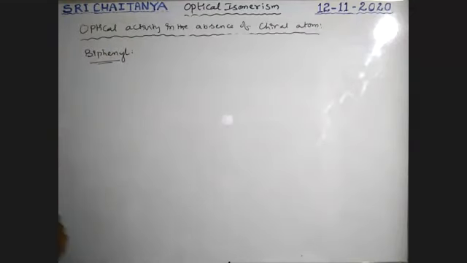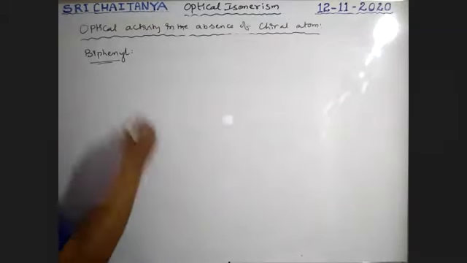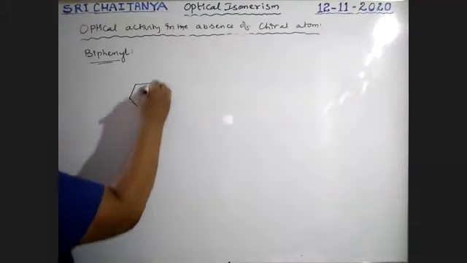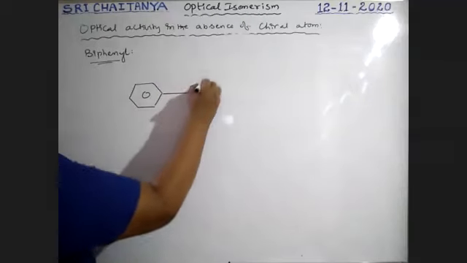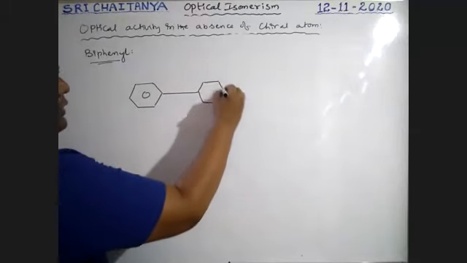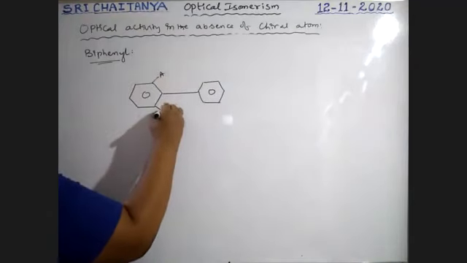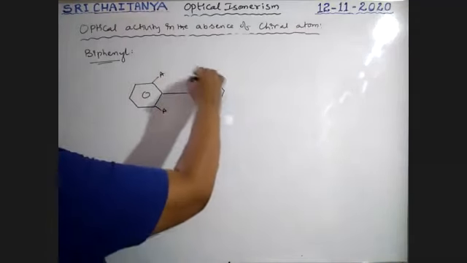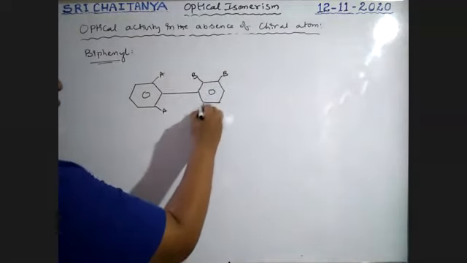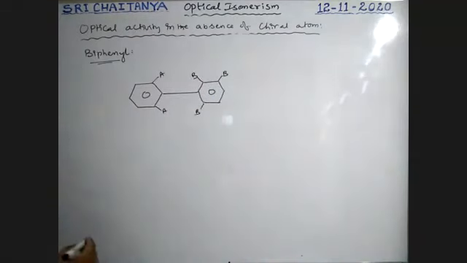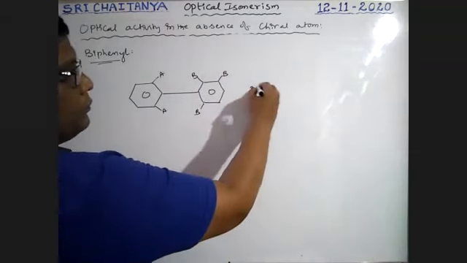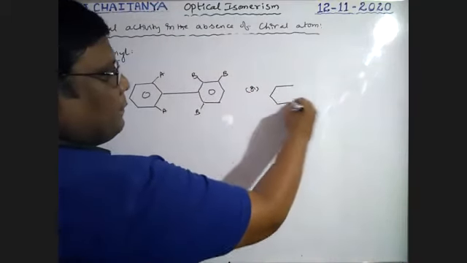Biphenyls. What are these biphenyls? In which case do these biphenyls exhibit optical isomerism? See here, biphenyls, two benzene rings, boys. These are bonded. So here A, B type groups.